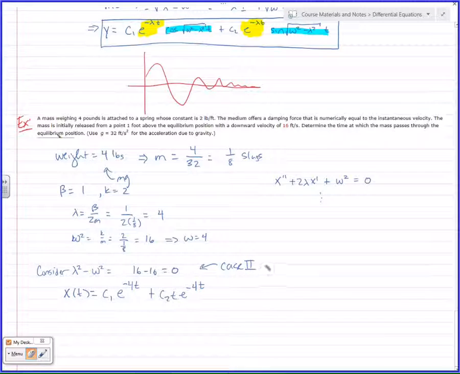Case 2 implies x equals c1 e to the negative lambda t plus c2 t e to the negative lambda t. To get the actual solution, we've got to use our initial conditions.